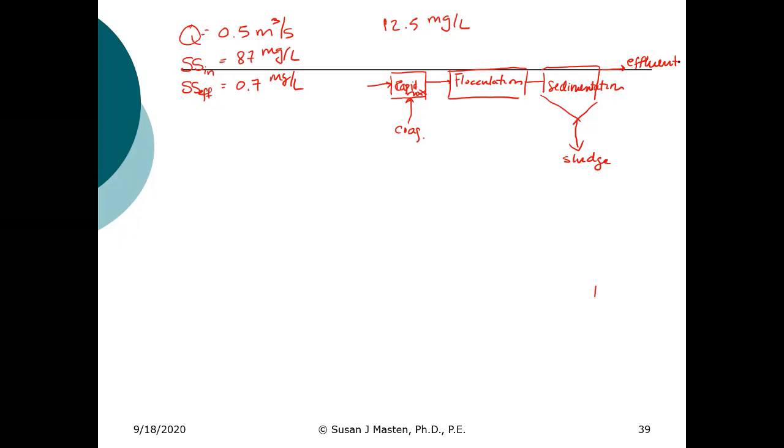So when we're thinking about a mass balance, I'm going to draw my system boundary across this entire system. So I'm looking at the water in, the coagulant in, the effluent out, and the sludge that I'm producing.